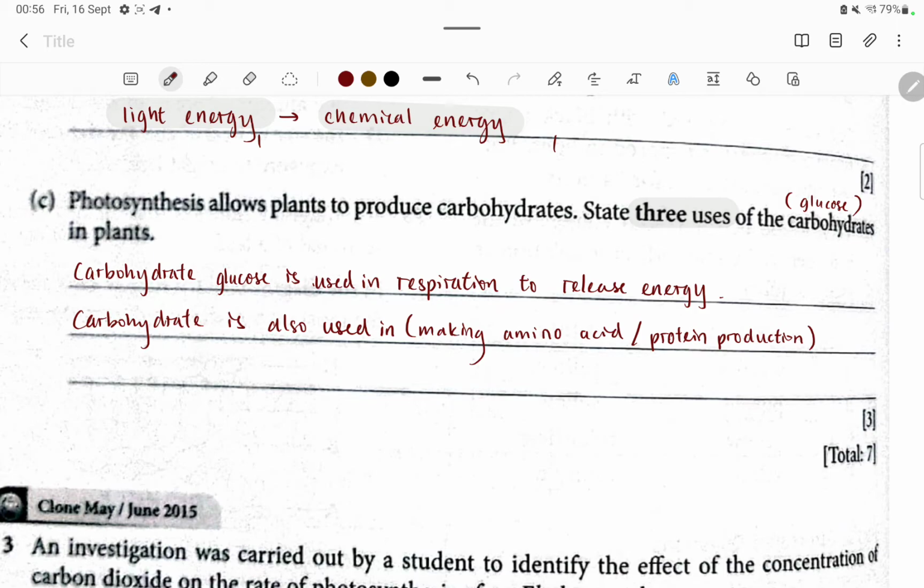So these two, you just choose one. And then some glucose, not all, is converted to starch to be stored in plant cells as energy storage.